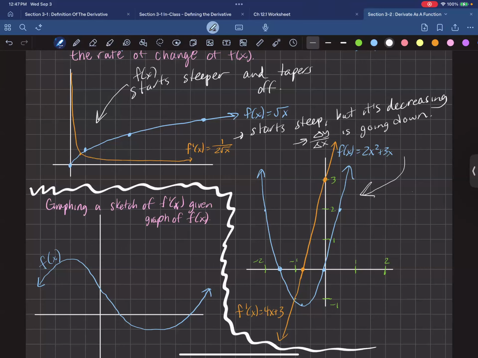And one handy thing to notice about this is wherever the tangent line equals 0, the derivative equals 0. Well, the slope of the tangent line is 0 right about there, which means our derivative, f prime of x, is the orange line. It's 0.